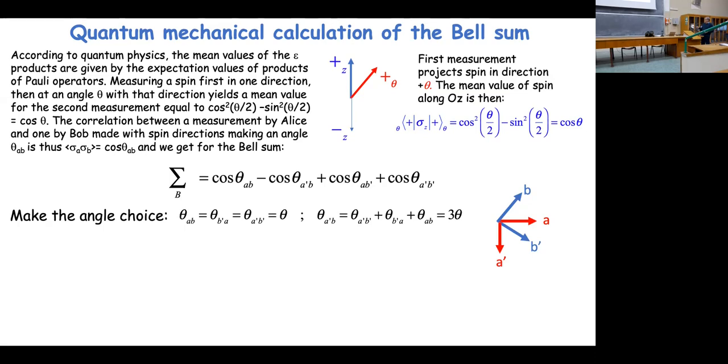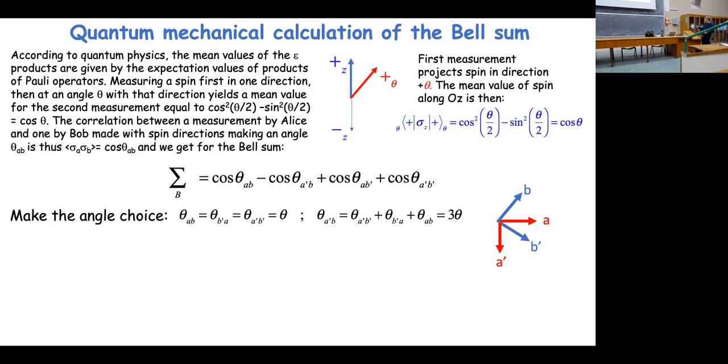Bell said, make the following angle choice, which is shown here. You choose theta AB equal to theta B prime A equal to theta A prime B prime, so these three angles are equal. And of course, the big angle here will be 3 times this angle.